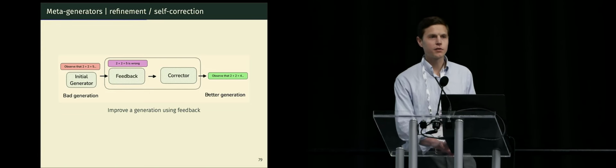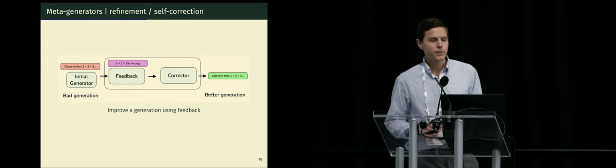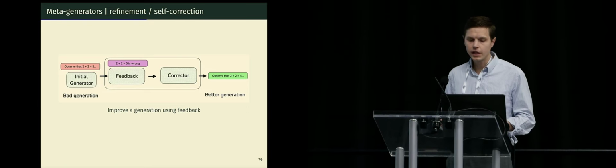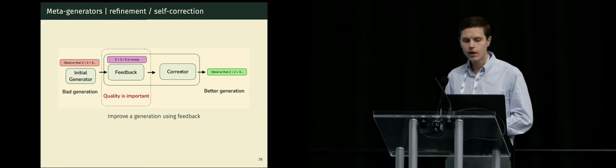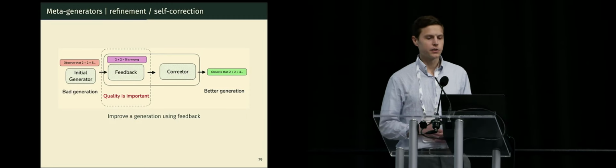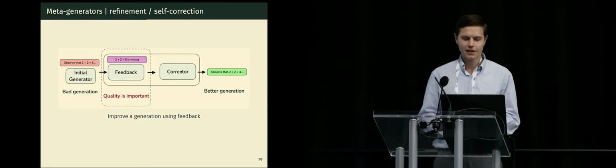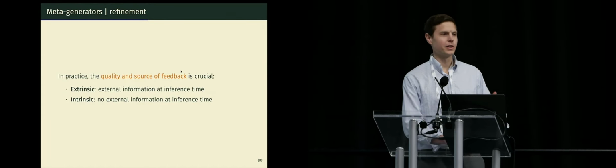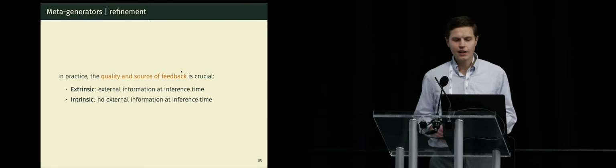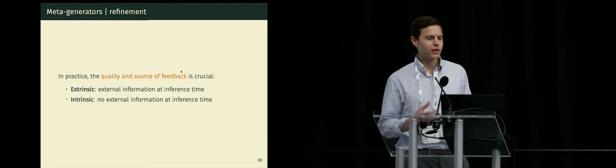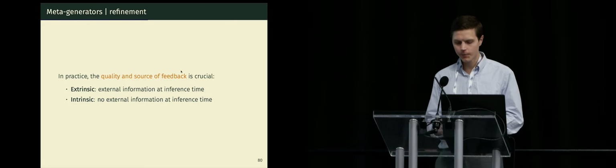It turns out that there are several ways you can think about designing a system like this. One way is to assume that you have some additional module that gives you feedback. Like, what if we had some module which said that 2 + 2 = 5 is wrong? Then it seems like performing the correction might be a bit easier. And as you might imagine, the quality and where you get this feedback can be incredibly important.